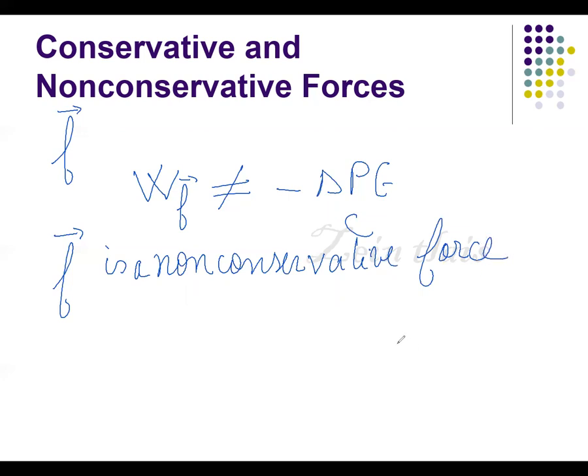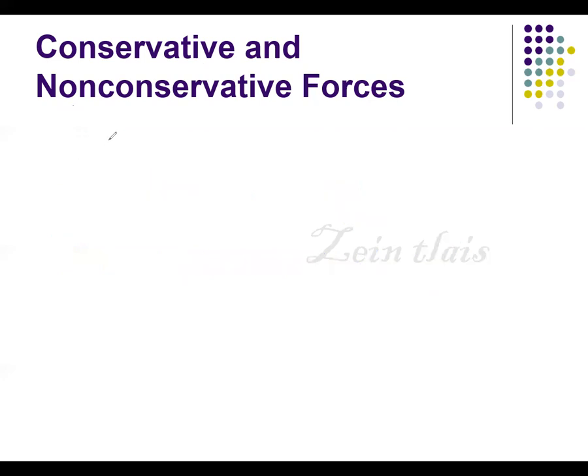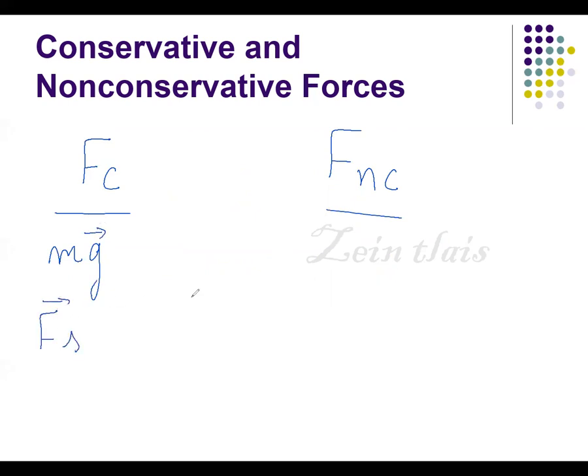So here we have a classification between conservative and non-conservative. It's clear now. We have F conservative and F non-conservative. F conservative like mg and Fs, and non-conservative like f.